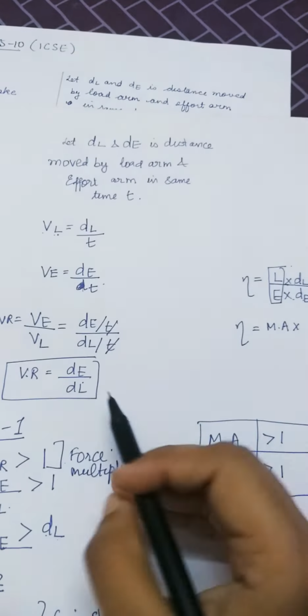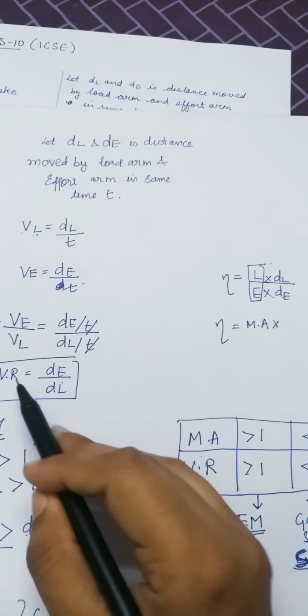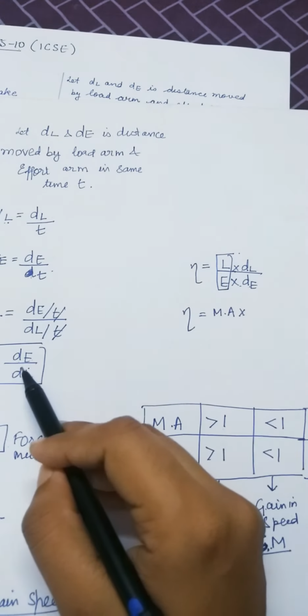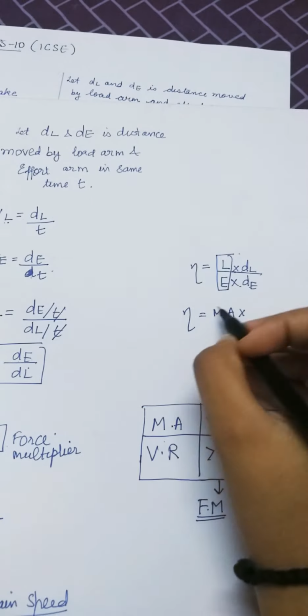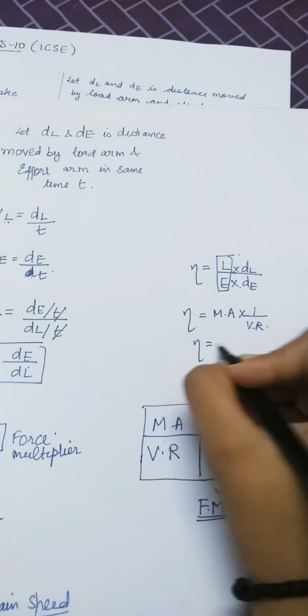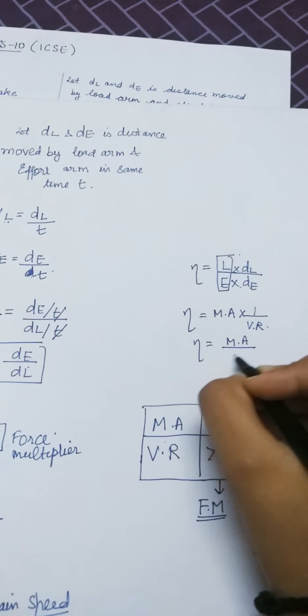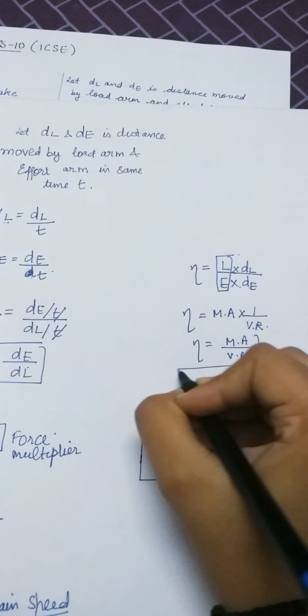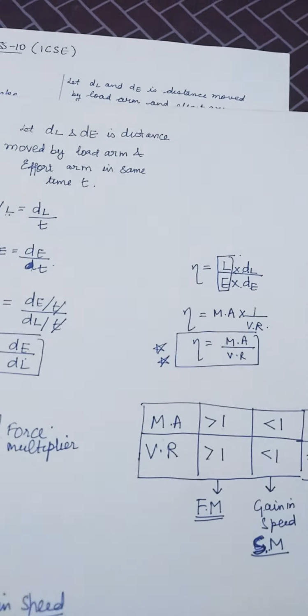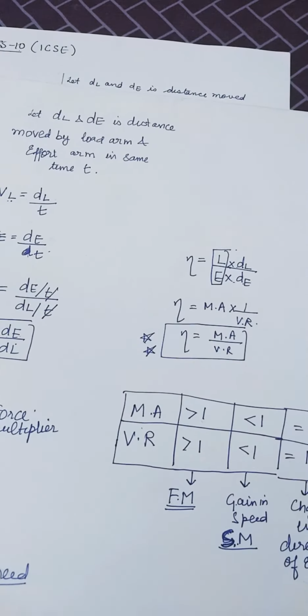Here just see, dE by dL is VR, velocity ratio. So this is the reciprocal, so I can write here 1 by VR, right? So my formula becomes efficiency is MA by VR. This is my formula for efficiency. It's quite important from the numerical point of view, so you have to remember this.